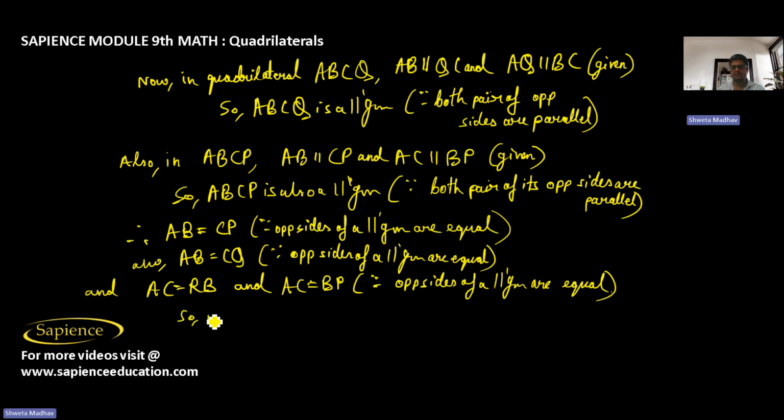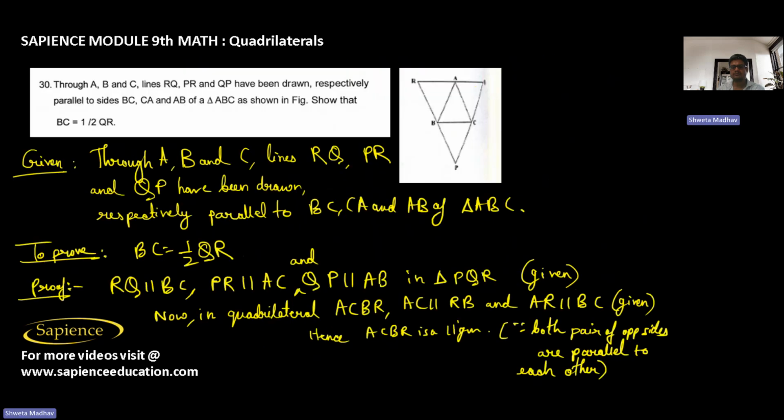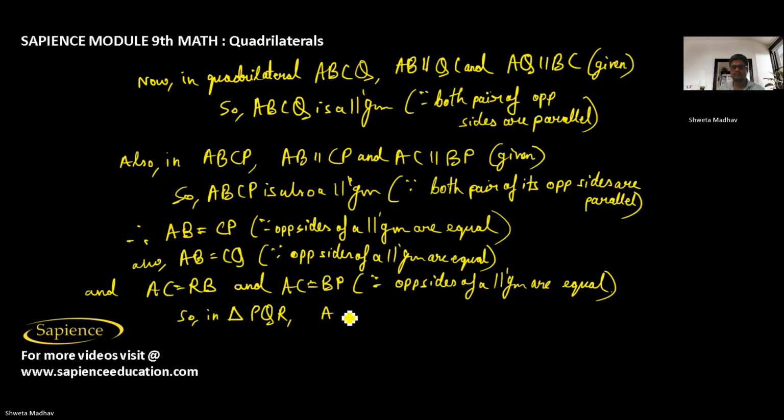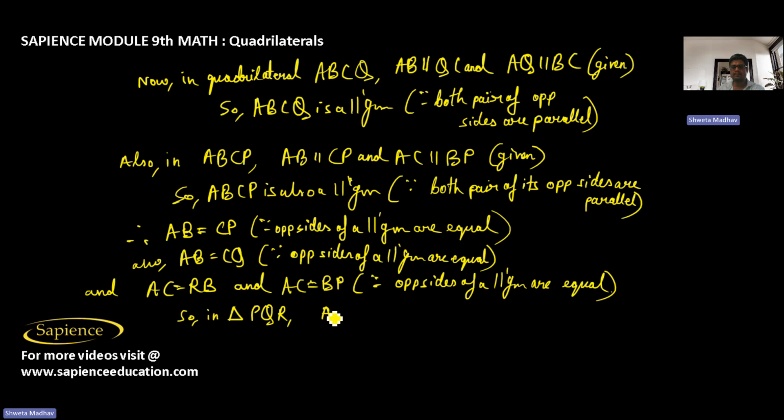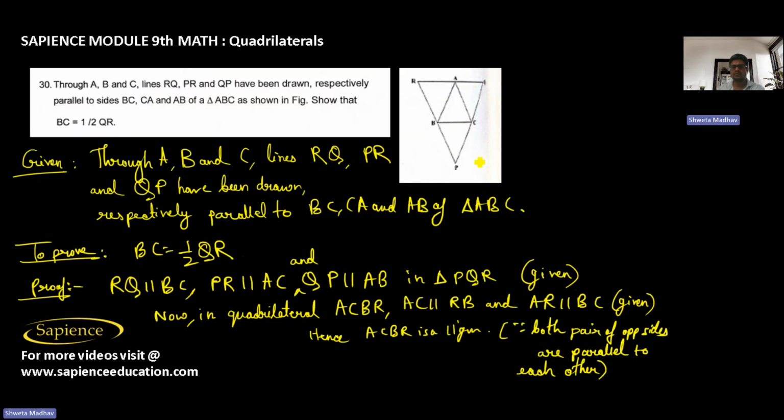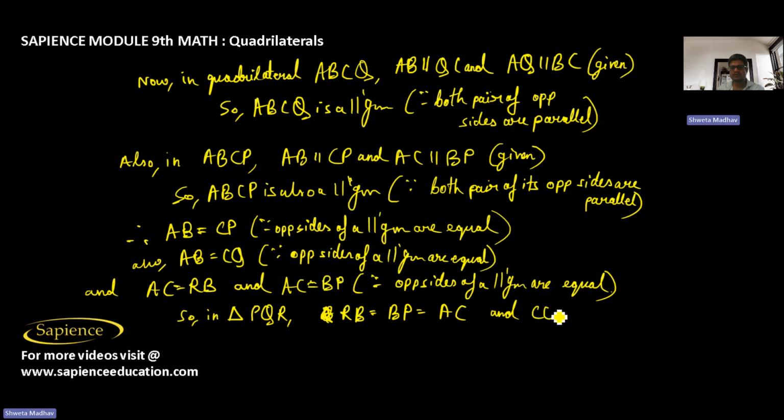So hence in triangle PQR, RB equals BP, since both are equal to AC, and CQ equals CP, since both are equal to AB, as proved above.